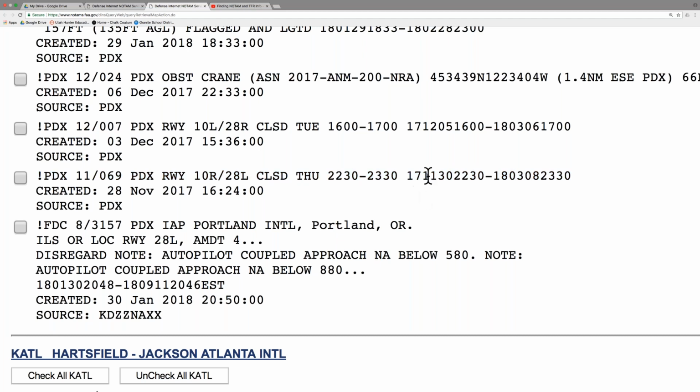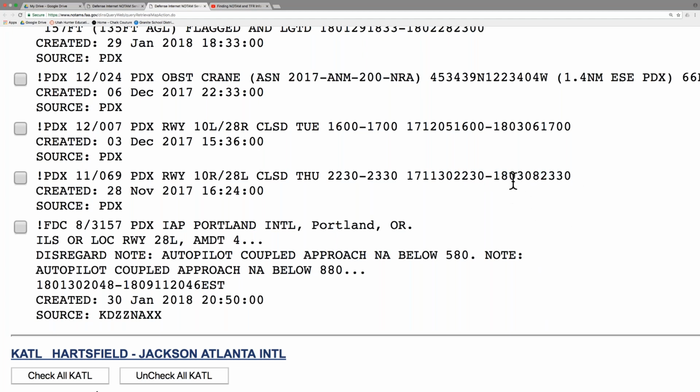Okay. So the date stamp, this is your year, this is your month, and this is the day. So November 30th, 2017. And then this would be your timestamp, 22:30. And that extends to March 8th, 2018 at 23:30 Zulu.